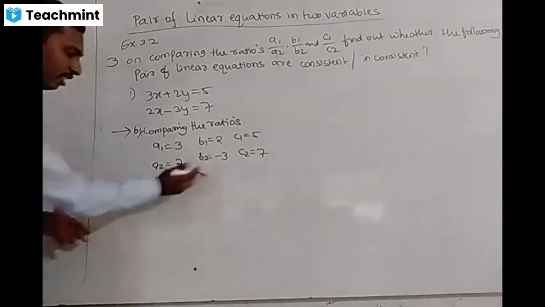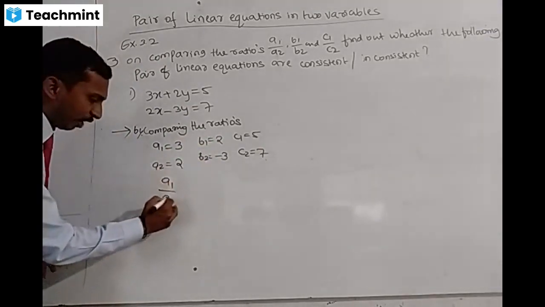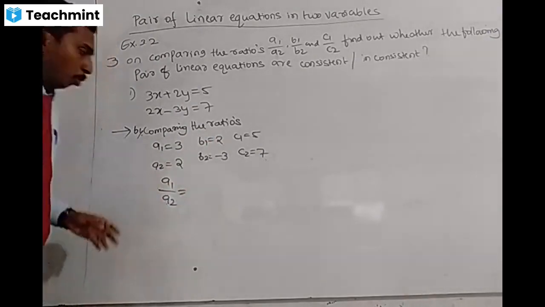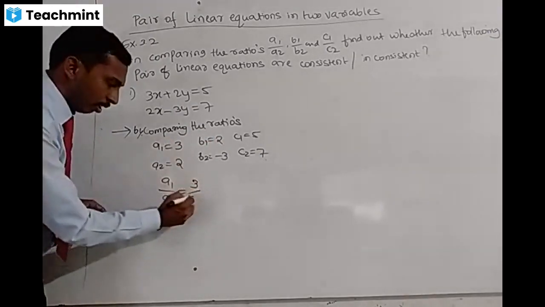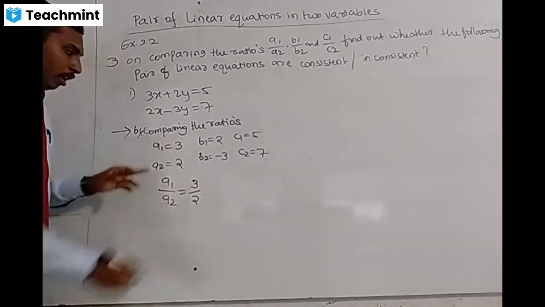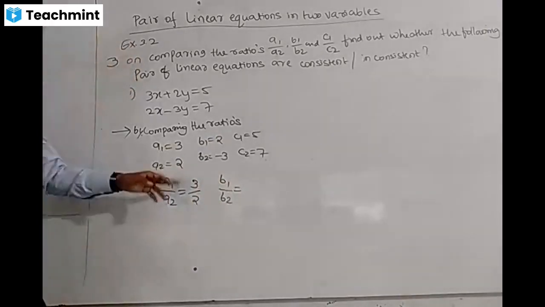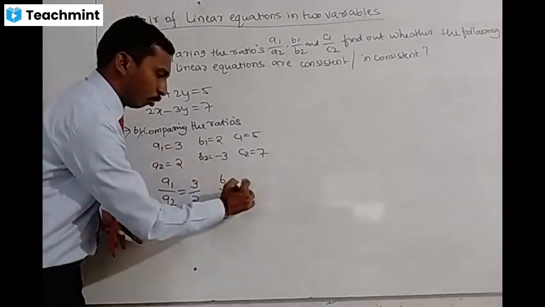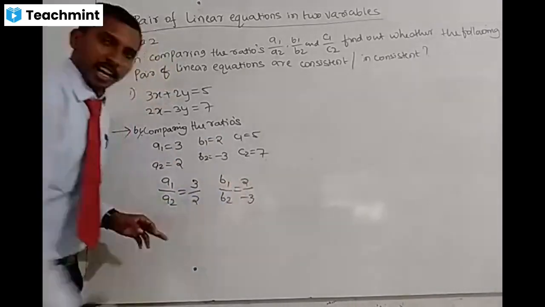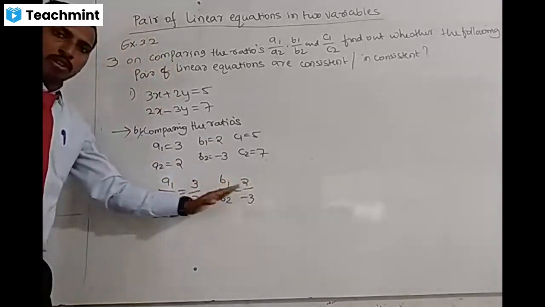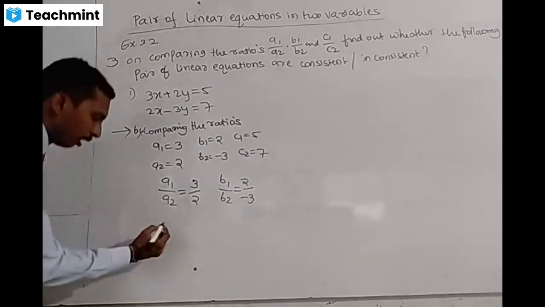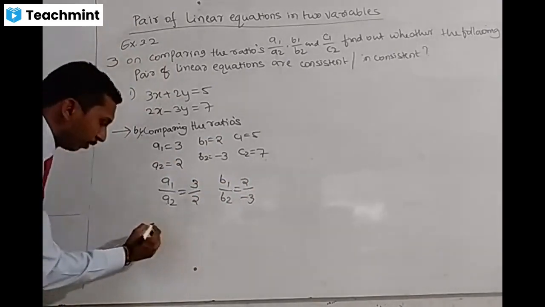After this, let us check here. A1 by A2 is equal to 3 by 2. And now, what about B1 by B2? Here it is 2 by minus 3. By looking at these ratios, what do you say?